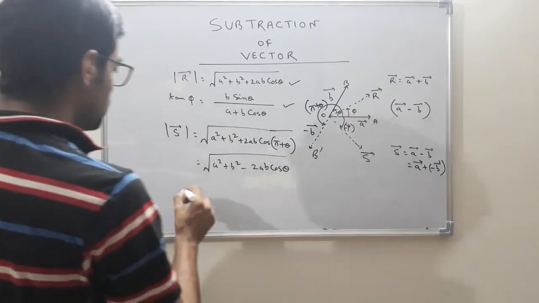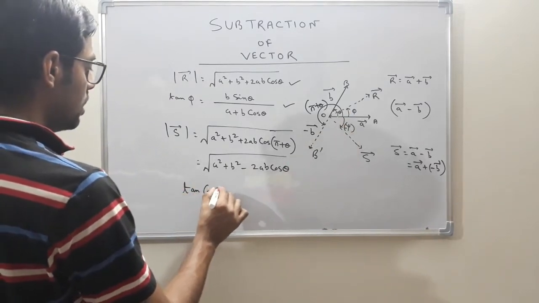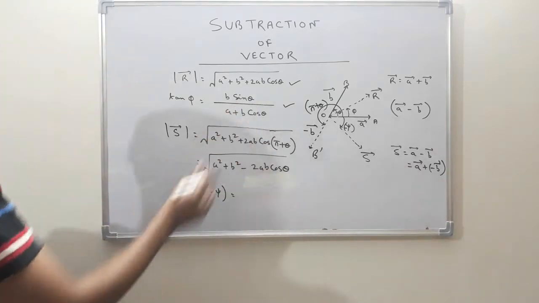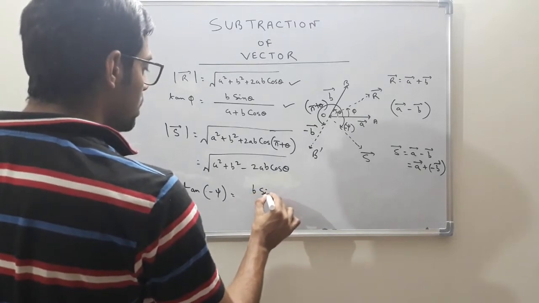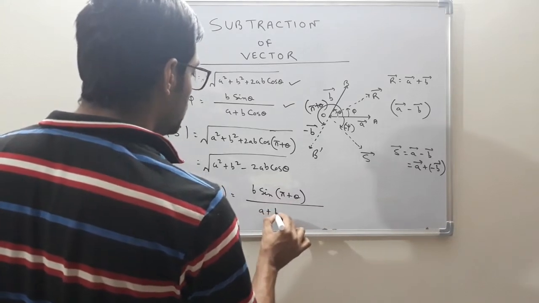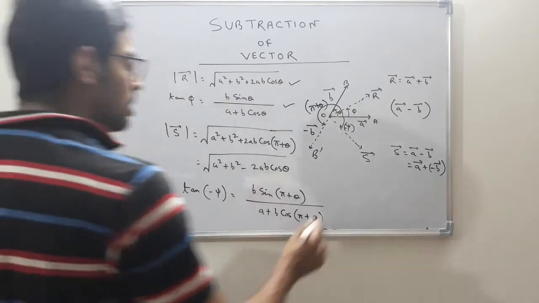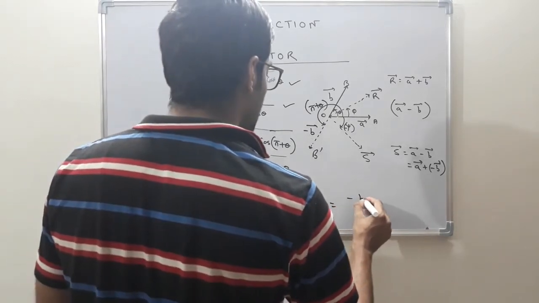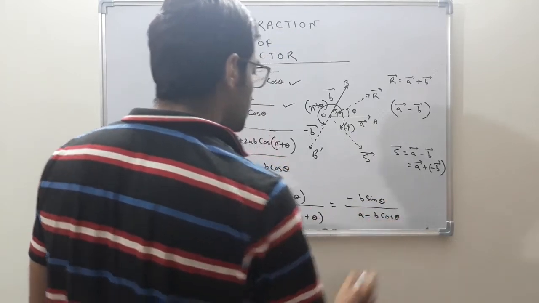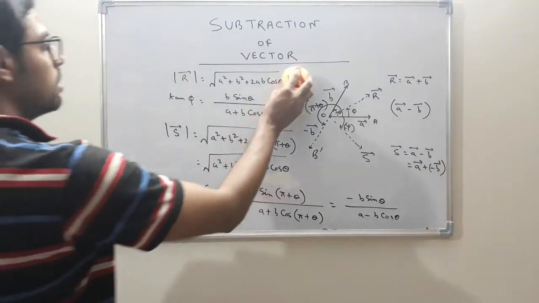And what is the orientation of the S vector with respect to the A vector? The orientation is tan of minus psi, and it will come from this formula, that is, B sin theta becomes B sin of pi plus theta by A plus B cos of pi plus theta. Therefore, it becomes minus B sin theta by A minus B cos theta. So tan of minus psi equal to minus B sin theta by A minus B cos theta.